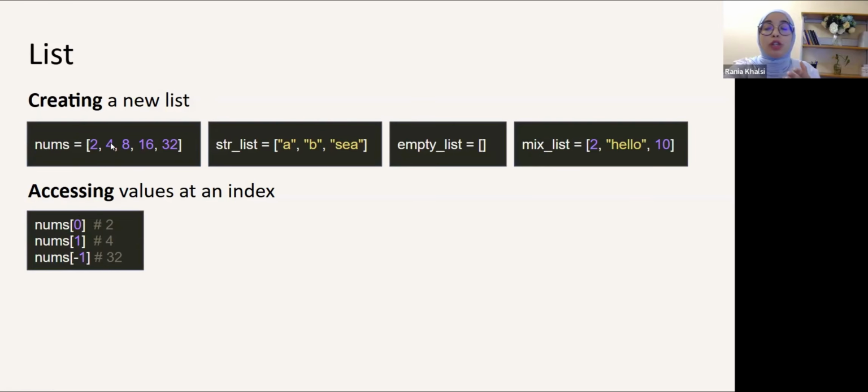Nums of 1 is going to give you the next element; this is position 0, this is position 1. This is how we do it. It's going to return 4, and you keep going: nums of 2 this one, nums of 3 this one, and nums of 4 is 32. However, sometimes you can have a very long list with many elements, so you probably don't know if it's list of 100 or something. That's not good practice.